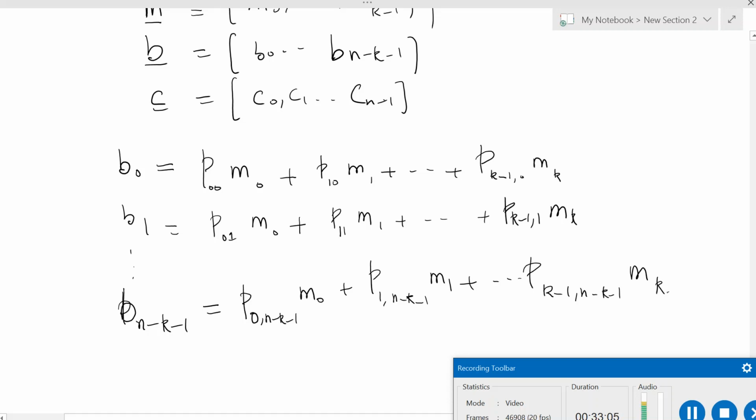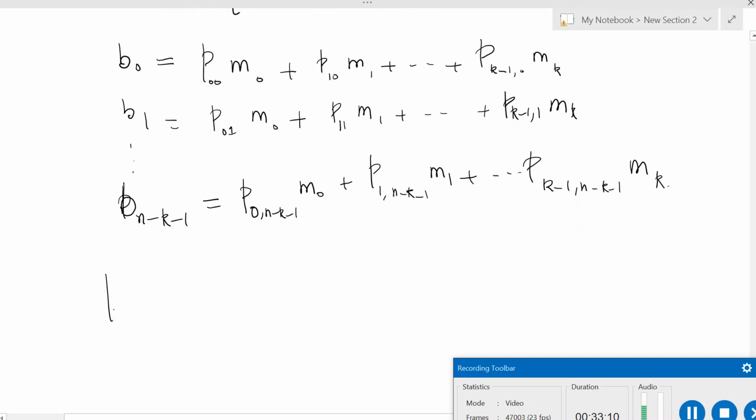So this can be easily given a matrix formulation by defining a P matrix. It's called coefficient matrix, by taking elements p00, p01, p0 n minus k minus 1, then p10.